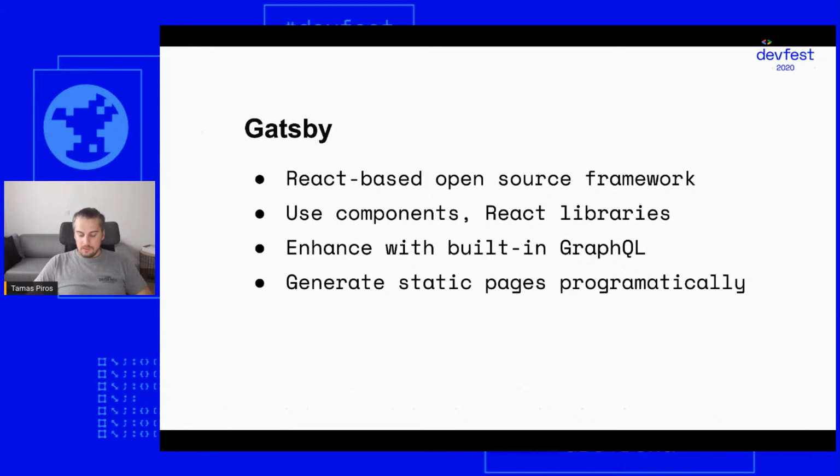And then, as you're going to see in just a moment, you create your components, you create your application. Essentially, you create a React application, and then using Gatsby, you generate static pages from your React app. So that's what Gatsby is doing.